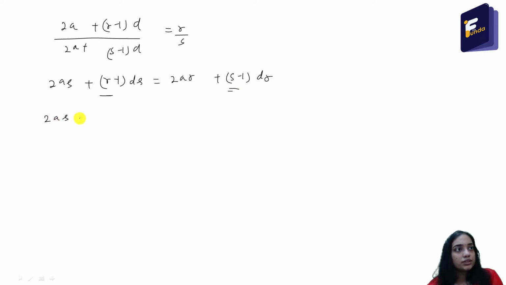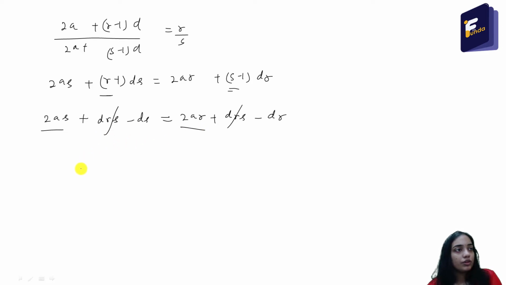So 2aS plus dRS minus dS equal to 2aR plus dRS minus dR. So this dRS and dRS cancel out. Now we are going to rearrange this equation.